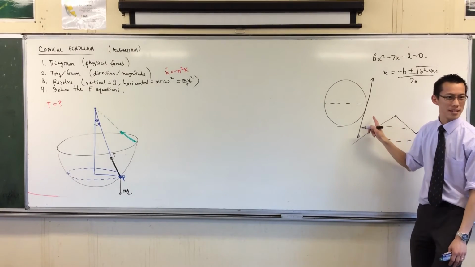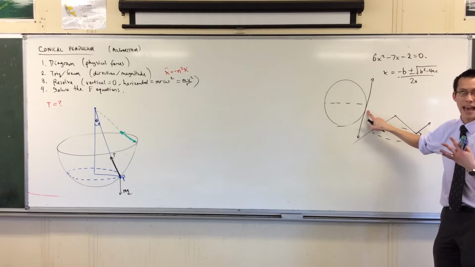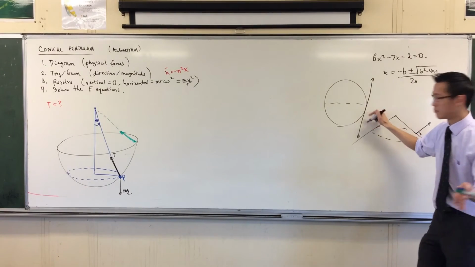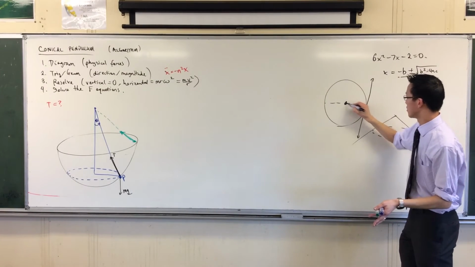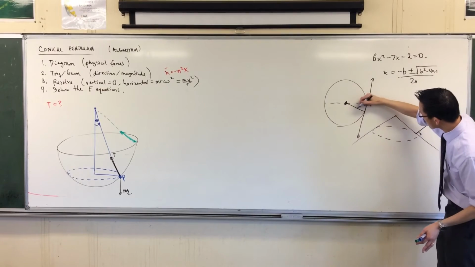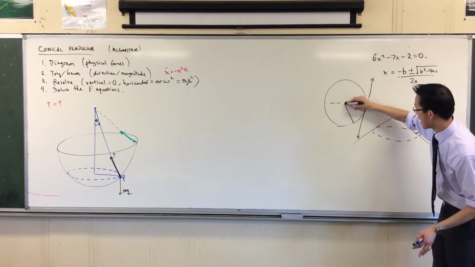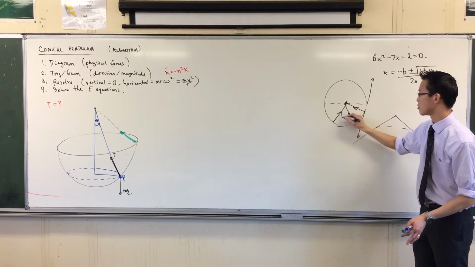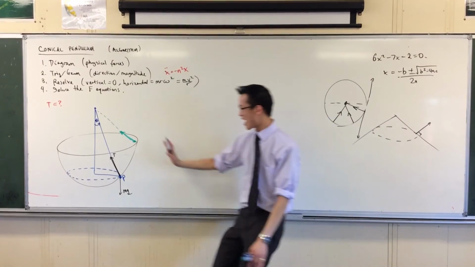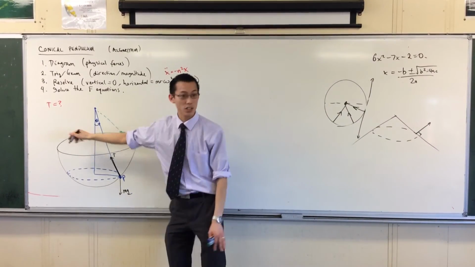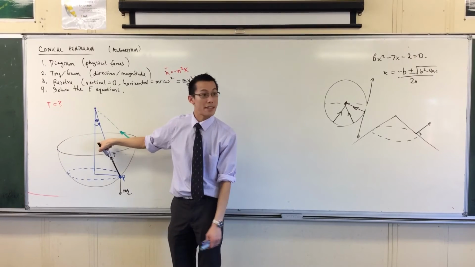But the tangent is perpendicular at the point of contact to what? To the radius. So in other words, this normal force, wherever I am, is going to be pointed to the center. That's why if I'm right up here, I'm pointing horizontally to that midpoint right there.